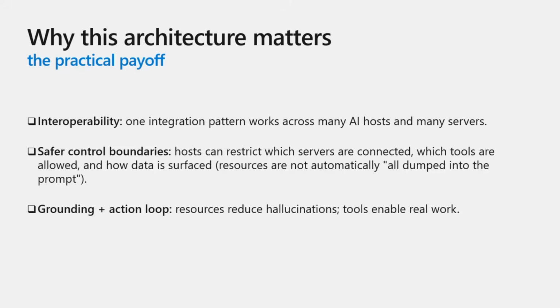And I will just quickly explain two more things, and then I can go ahead and answer the questions in the chat as well, because I see some stuff popping up. So the first thing is you might be asking why the architecture even matters. The main thing to me is really interoperability. You have one integration pattern, that is MCP, that works across many AI hosts and many servers.